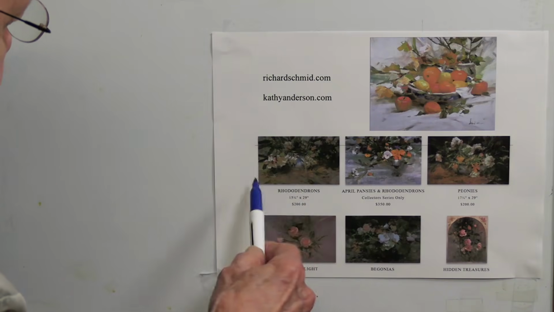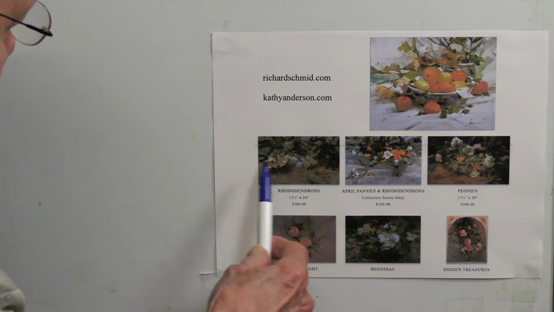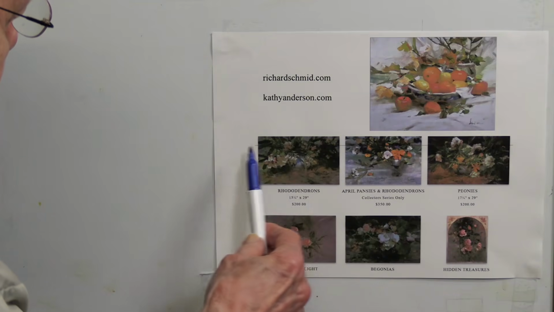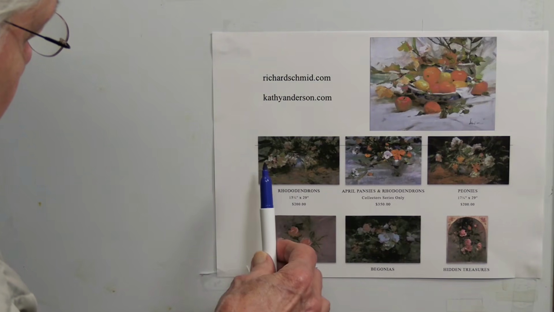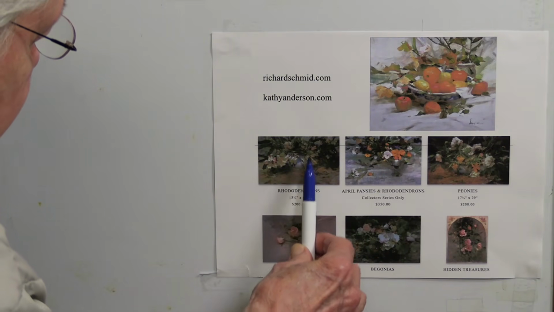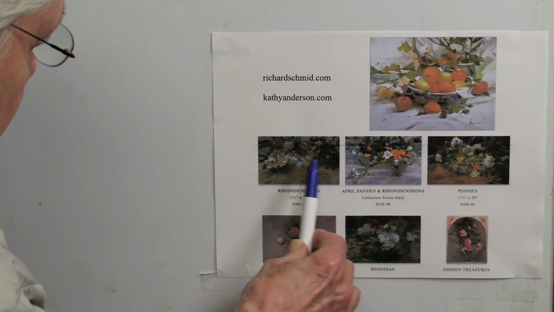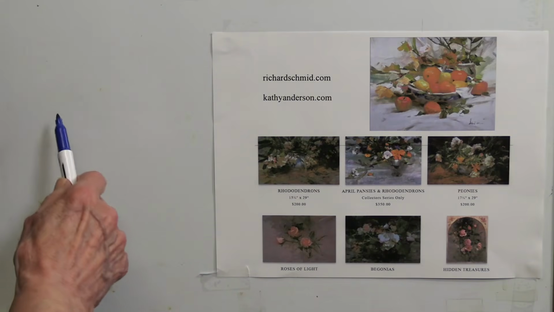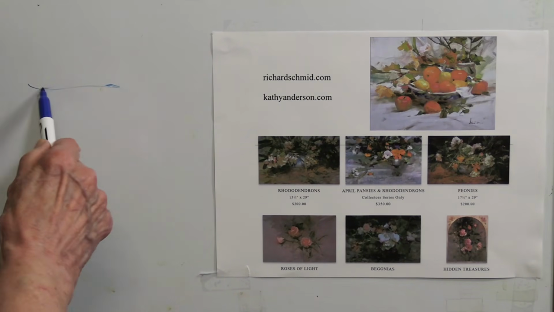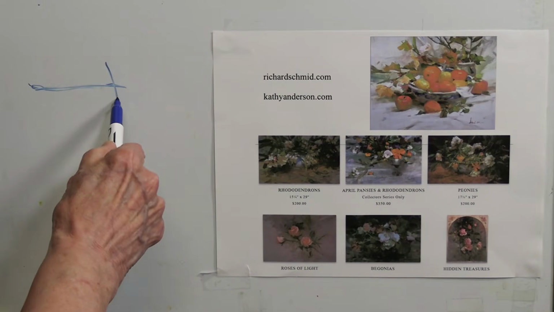In this particular example, you have a horizontal arrangement. And when you have a horizontal arrangement, you also want some vertical in there, but the horizontal is emphasized. And so that would end up being an arrangement that would go horizontal and vertical.